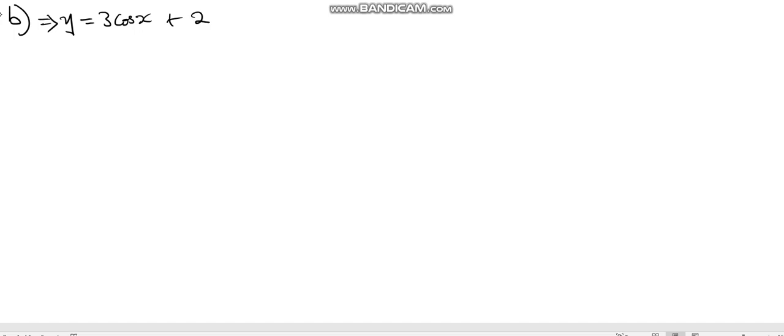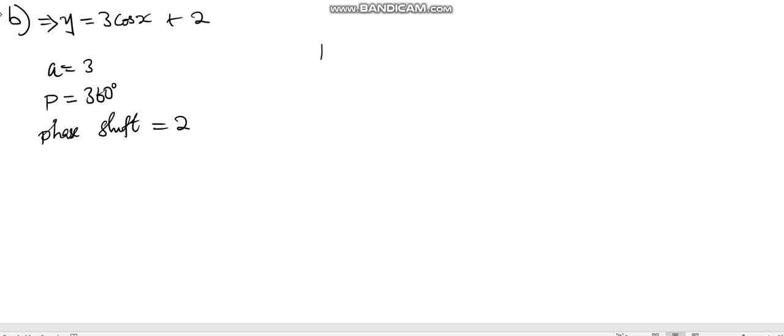So here our amplitude is 3, our period there is 360 degrees. Then we're going to have a vertical shift, which is 2, so meaning that it's going to be 2 units up there.